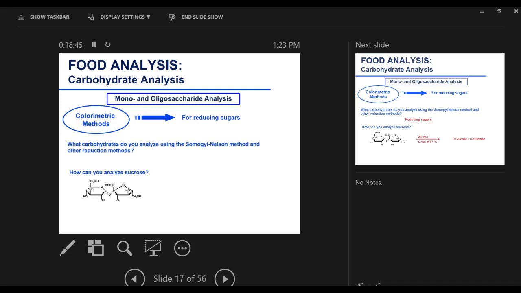So colorimetric methods are for reducing sugars, but can we analyze other sugars? Can we not analyze sucrose? Is sucrose a reducing sugar? It's not. What do we do in order to use these colorimetric methods? Can we do anything to the sucrose? It's not reducing. What is sucrose made up of?